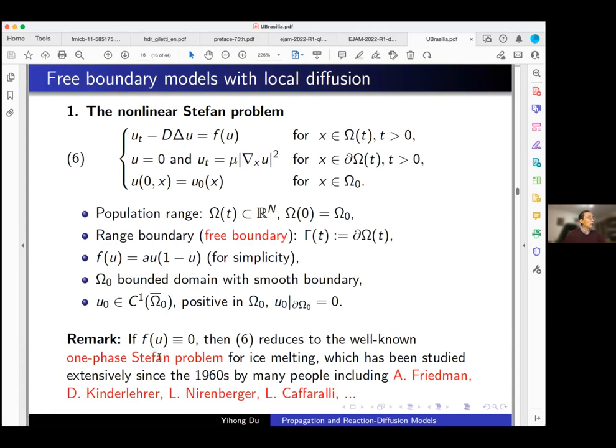And this problem is called the one-phase Stefan problem. Even with f identical to 0, this is a very difficult question. And the regularity of the solution was an open, difficult problem for many, many years, until the research of well-known mathematicians solved that problem in, I think, the 1970s.